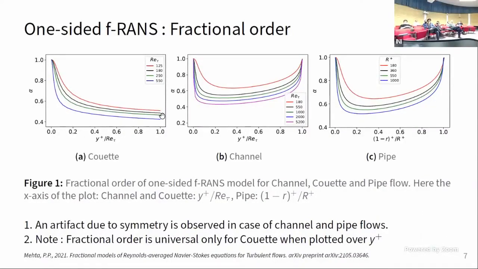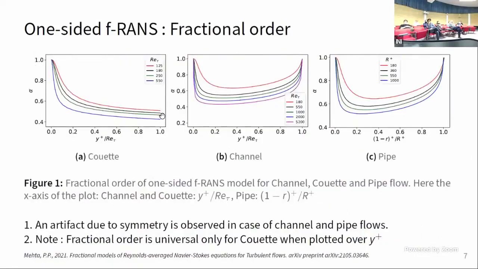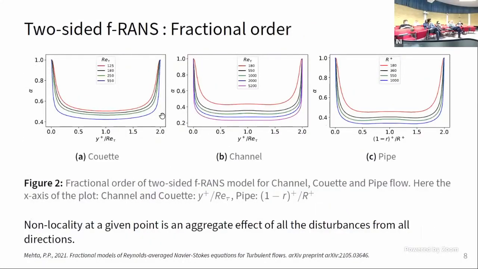I'm sorry, you said there are different constructions of alpha that can be constructed. Yeah, there is a one-sided model and there is a two-sided model. The computed data is usually used in time as a memory kernel, which makes sense in one side.